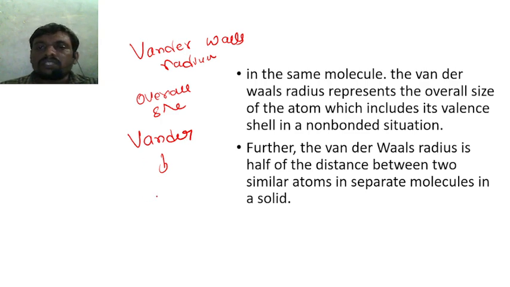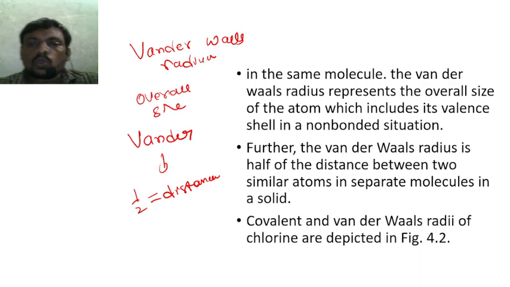It is half of the distance between two similar atoms in separate molecules. Now, the covalent and van der Waals radii of chlorine are depicted in the figure. Here you can see the covalent and van der Waals radii. You can see R equals 99 pm. So this is a figure which depicts covalent and van der Waals radii.